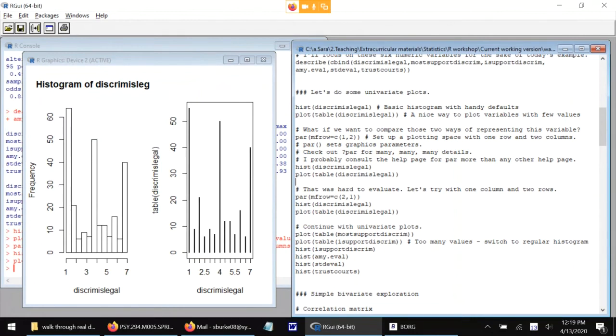I'm going to stretch this out so we can take a closer look in a second, but real quick, this argument to the par function specified that I wanted the resulting space to have 1 row and 2 columns. That's what this 1 and 2 mean in this vector that's applied as the argument to mfrow.